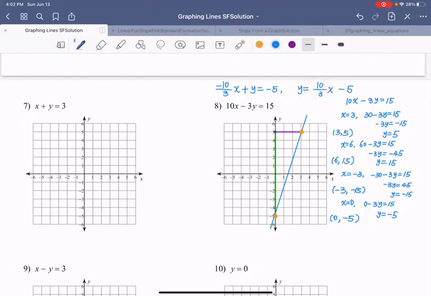So for the point-slope format, Ethan, we do y minus. Which one do I choose? Any one. We can choose the first one, no problem. y minus 5 equals 10/3 times x minus 3. Make sense? And you say, teacher, can I use the second one?